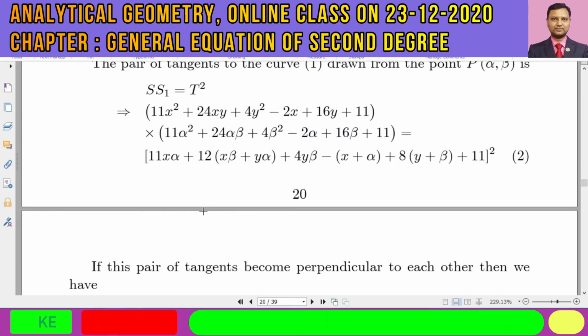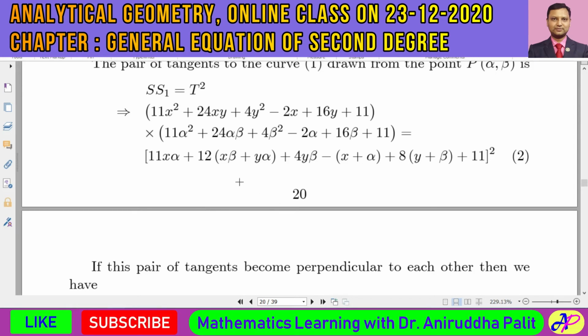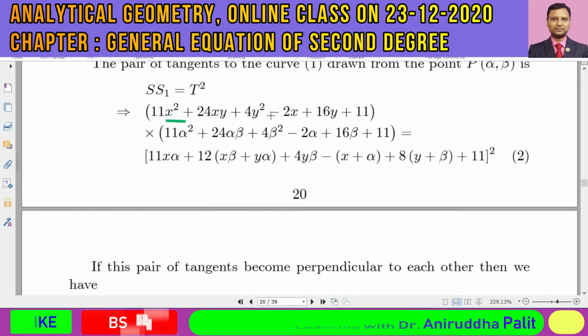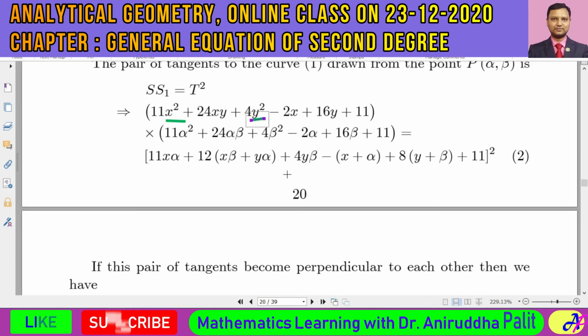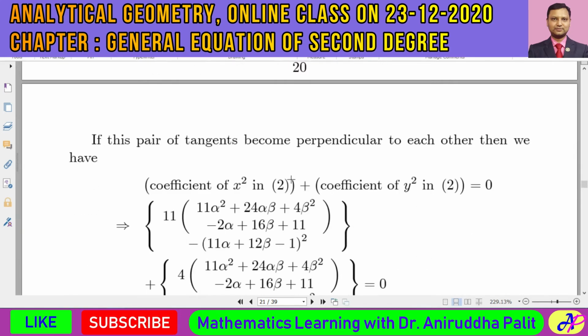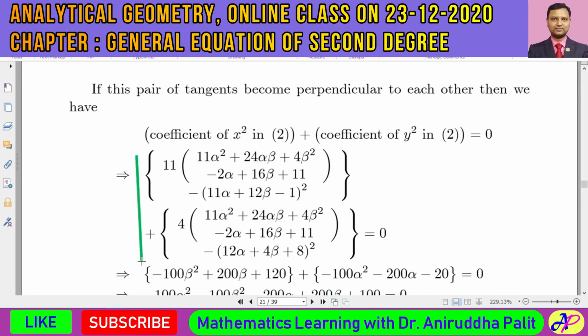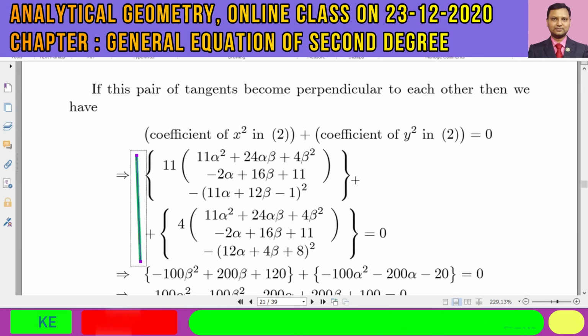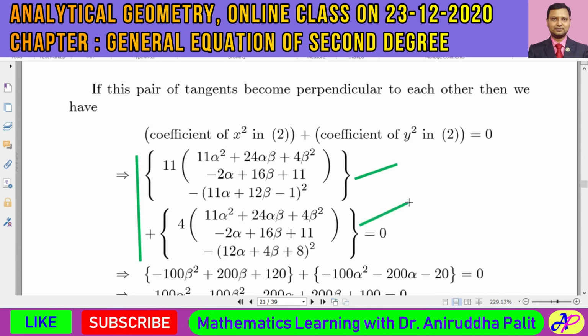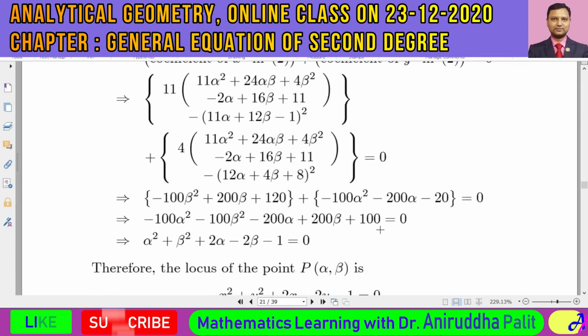Got it? So what we need to do is identify the coefficient of x square and the coefficient of y square. And that identification can be done as we demonstrated in the previous example. So this would be the coefficient of x square, and this would be the coefficient of y square. So the coefficient of x square plus the coefficient of y square becomes equal to 0.